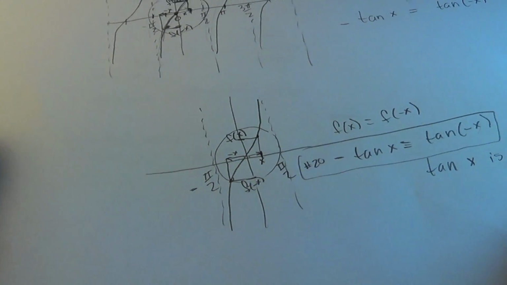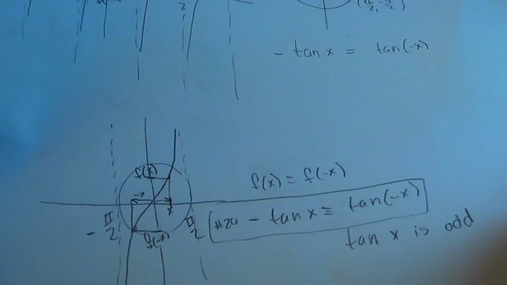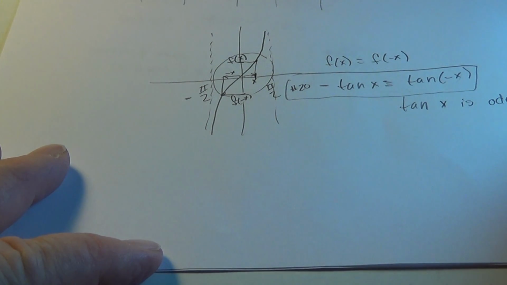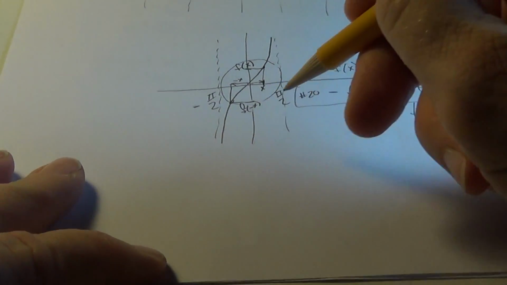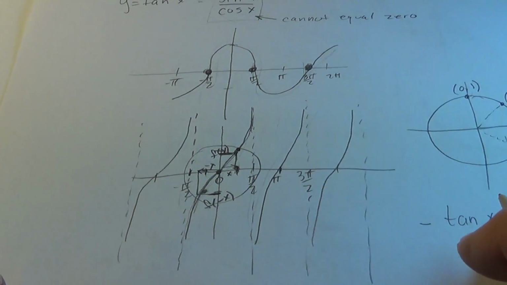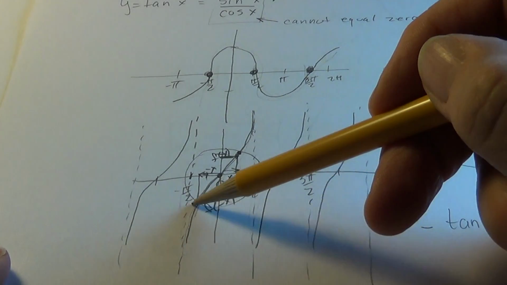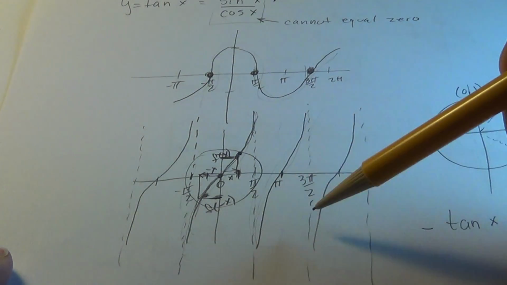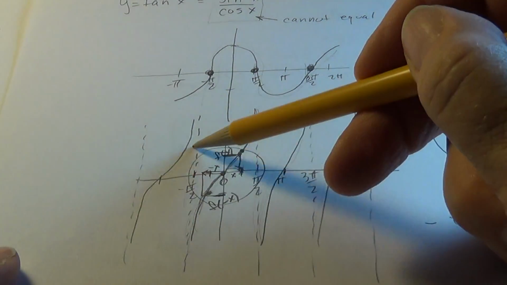Alright, so looking at that, we will continue. And before I leave this side of the paper, I want to mention that this has a period. I think we can see it better on this one. Remember, the period is how many radians before it repeats itself. So study that.